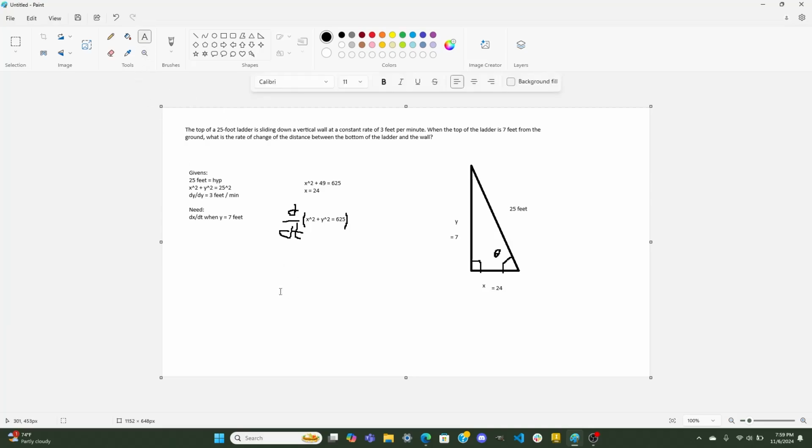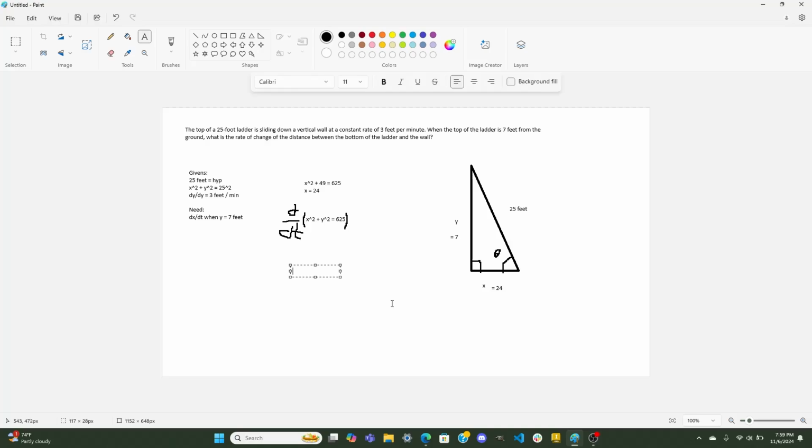If you're asking why we're using d over dt, it's because we're going to be using the rate of change, and since it's changing with respect to time, since we have minutes, we're going to be using time. Since it doesn't have a denominator of dx or dy or any of the variables that we have, to be more specific, we're going to be using implicit differentiation.